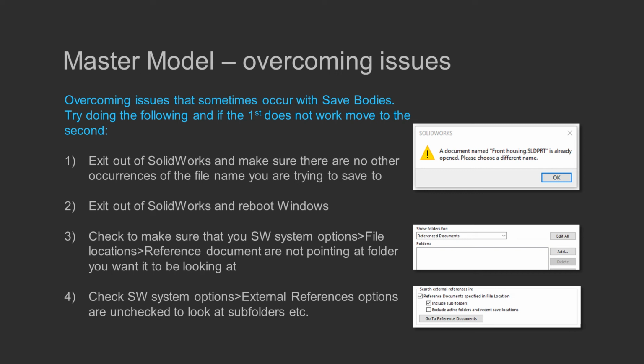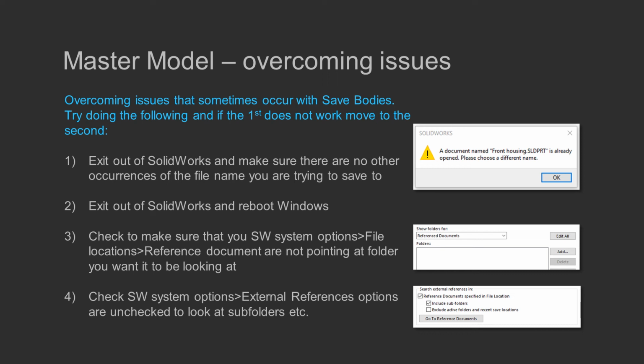The next thing to try is to not only exit SolidWorks, but exit SolidWorks and reboot Windows, and then go back into SolidWorks and try it again. If either of those don't work, start to look at your system options in SolidWorks. In system options, you have an option called File Locations, Reference Documents. There you can list a number of areas within your local system for SolidWorks to go look for reference documents.